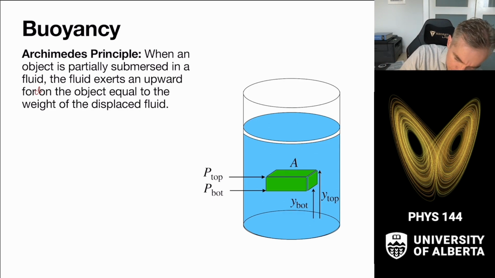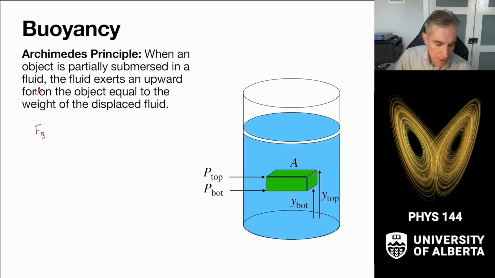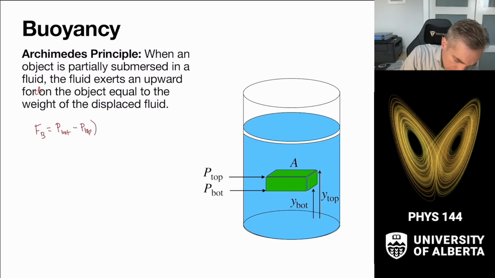So this buoyancy force, F sub B, is going to be equal to the difference in pressures. So it's going to be equal to the bottom pressure, which is pressing upward, minus the top pressure that's pressing downward, all times the area of that object.